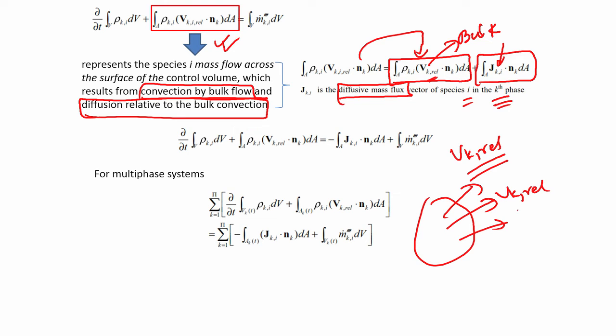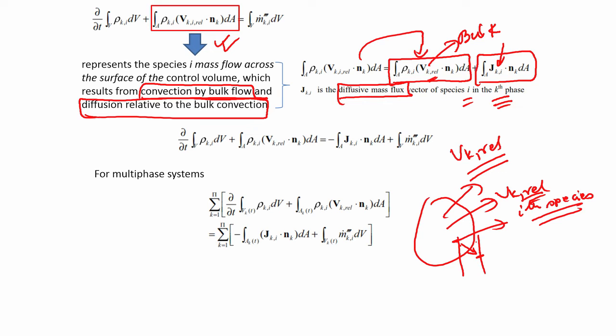As it is flowing out, it is carrying the ith species with it. But on top of that, if there is a concentration gradient across the flow field, it can happen. So, from here, say for example, the concentration of species i is higher than here. So, there will be a diffusive transport.